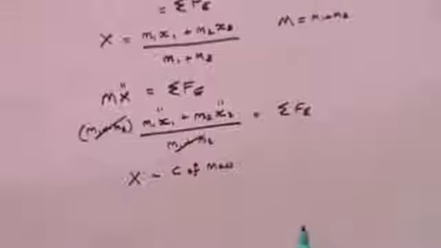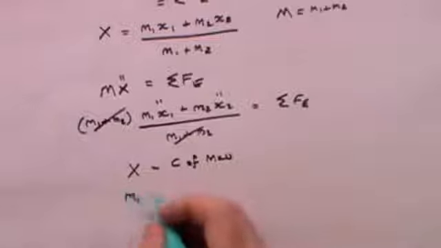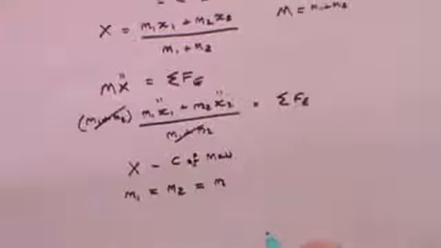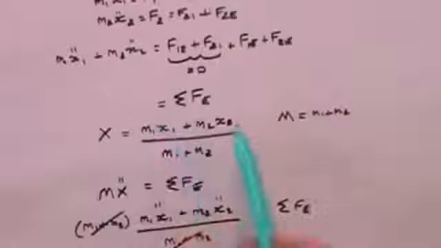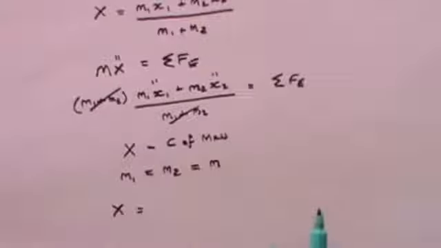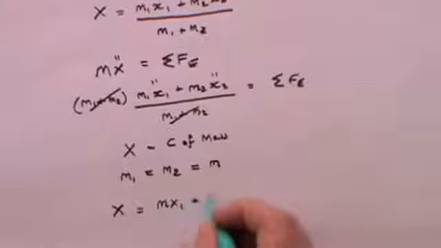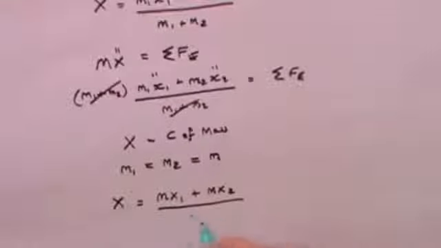Well, in those circumstances, if m1 equals m2 equals, let's call it just m, then x will become mx1 plus mx2 over 2 times the mass.